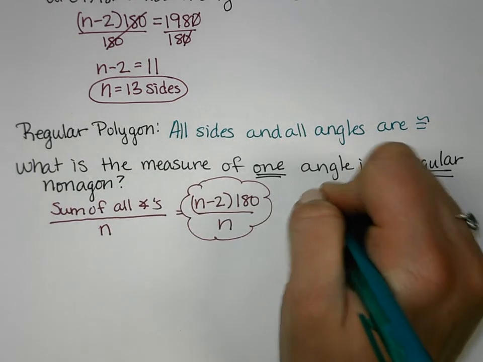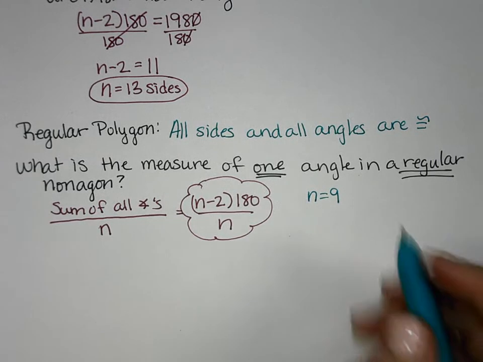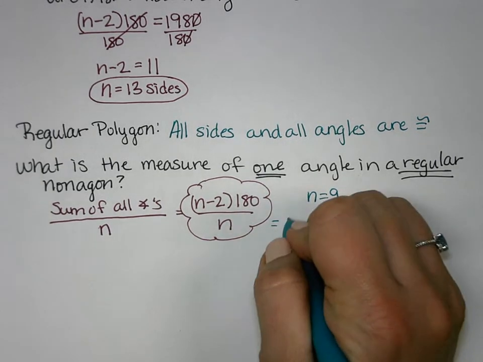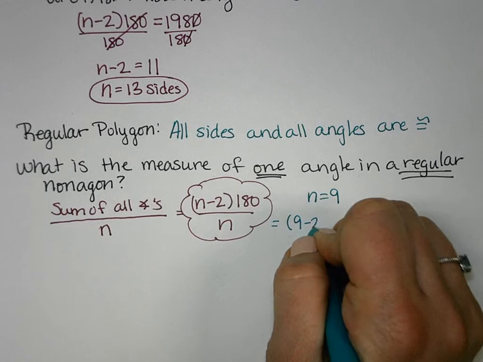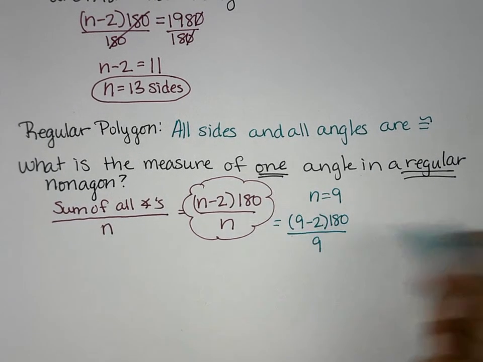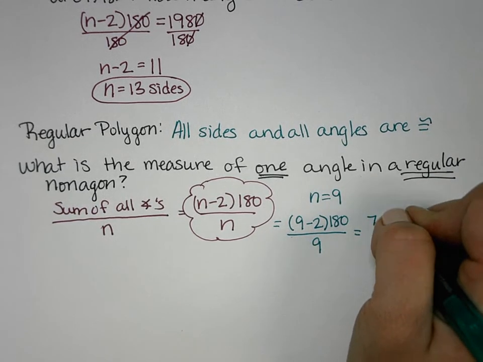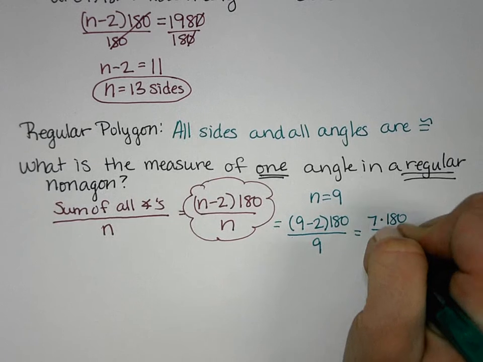So here, nonagon, it has 9 sides. So when we plug it into the formula, we'll have 9 minus 2 times 180 divided by 9. So 7 times 180 divided by 9.